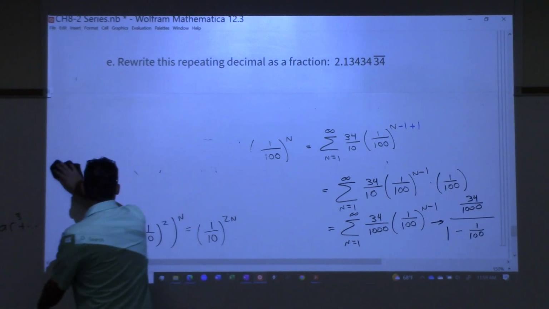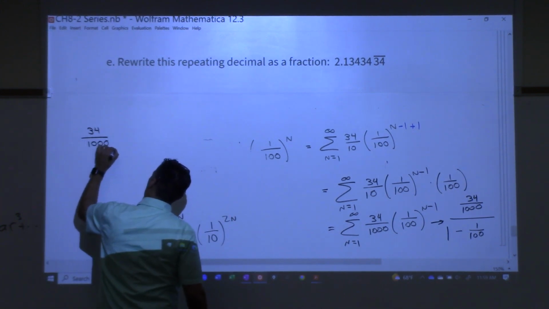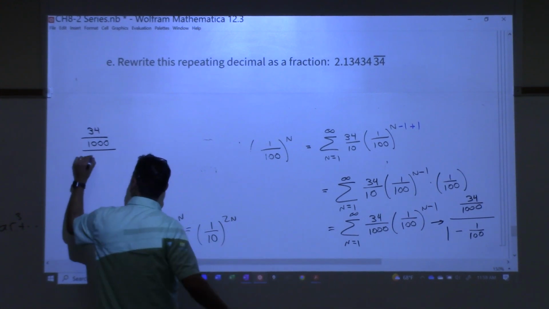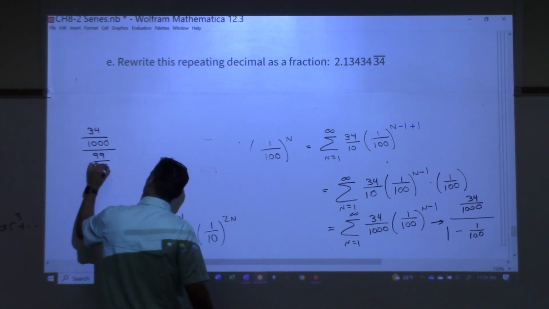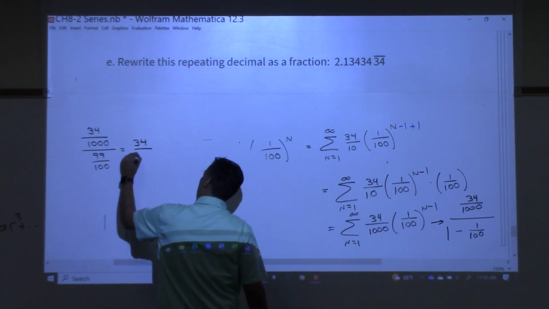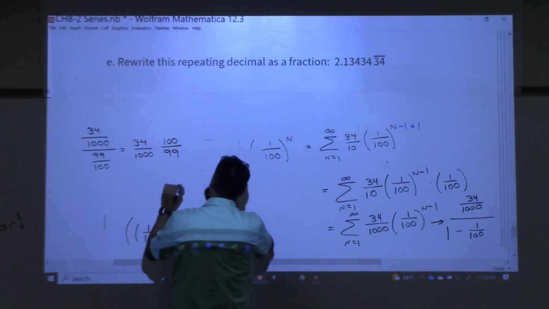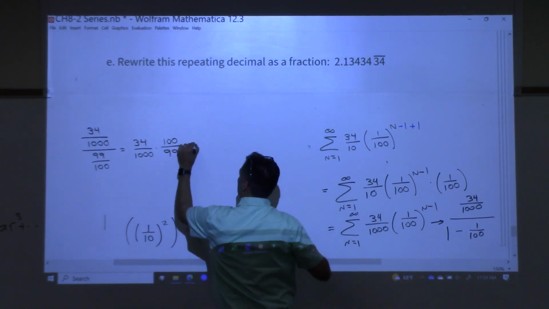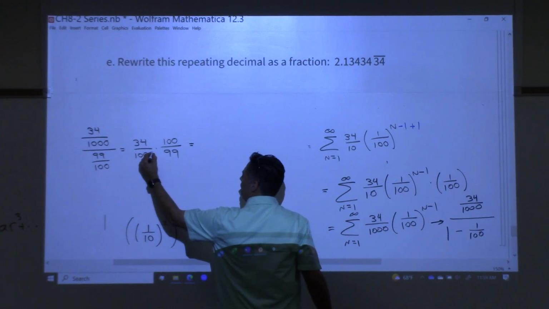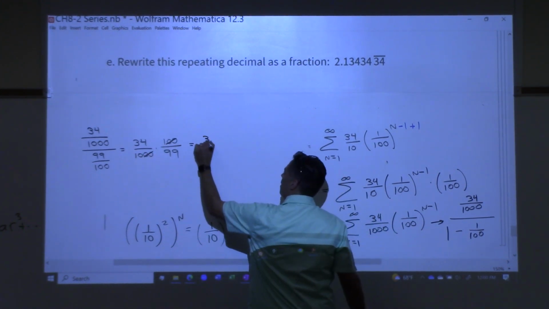And that's 34 over 1,000 over 1 minus 1 over 100, which is 99 over 100. And now you can flip it and do all that fun stuff. 100 over 99. And then you get some stuff to go away here, like 2 of these zeros can go away. And you get 34 over 990.